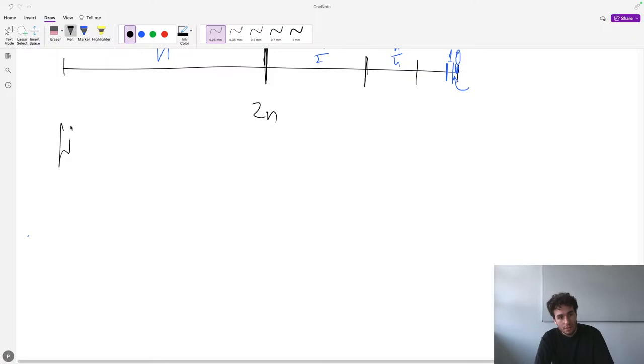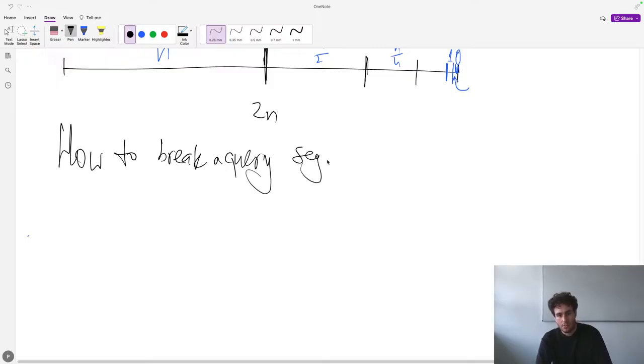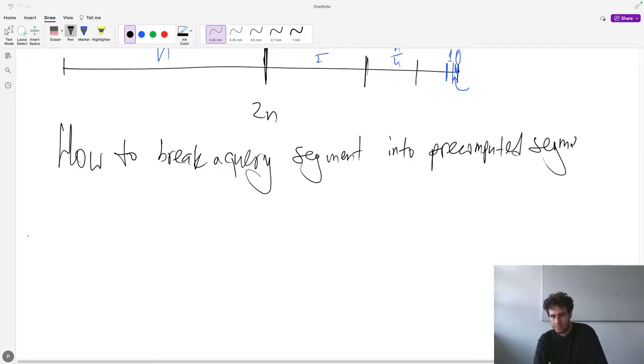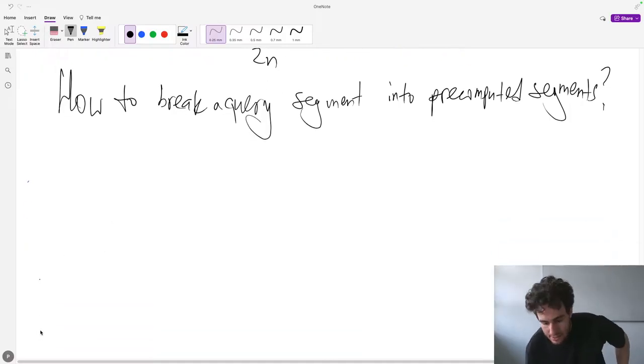So how to break a query segment into pre-computed segments. There are different approaches. Today we're talking about starting from the basics, so just taking all the elements one by one, and then trying to see whether we can optimize.